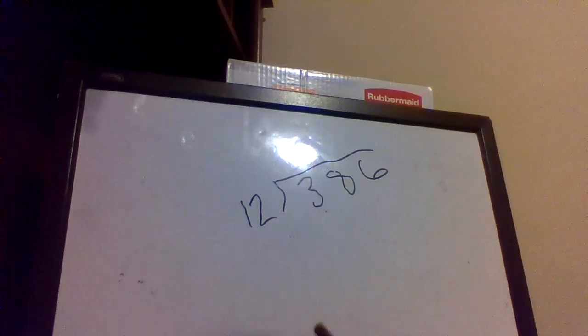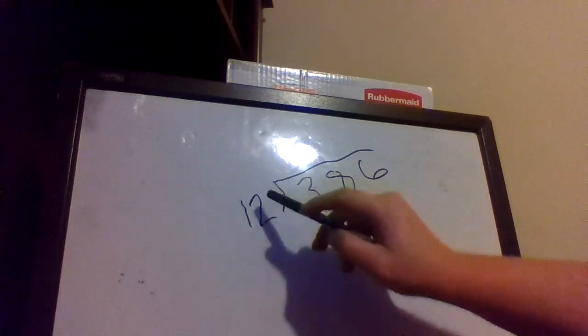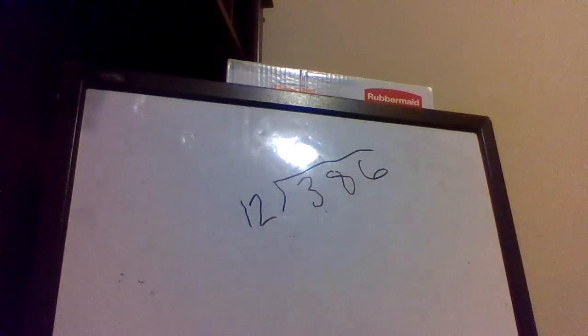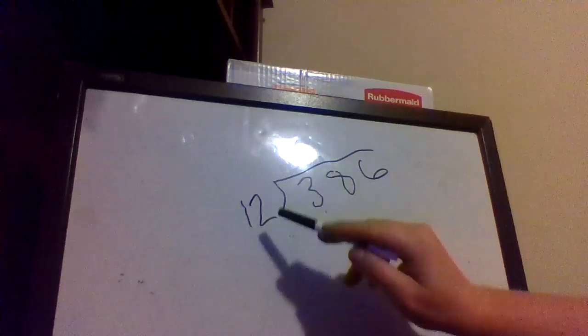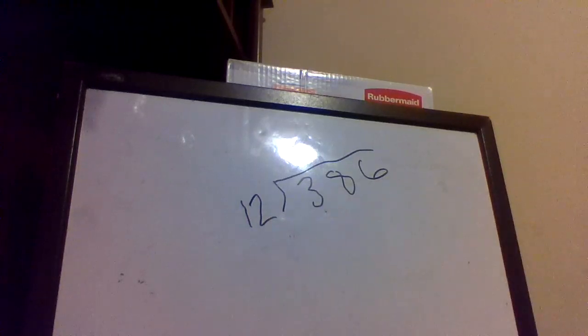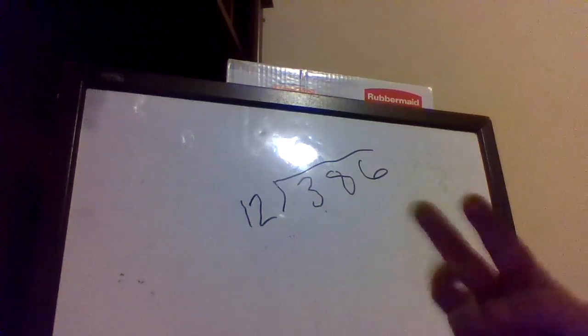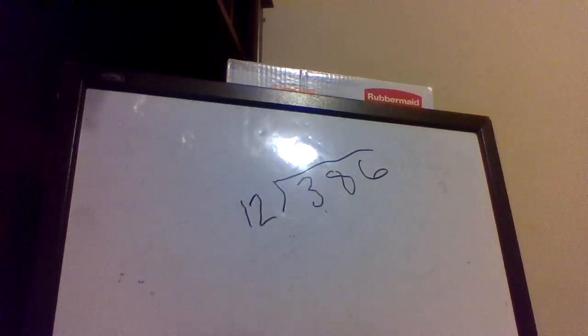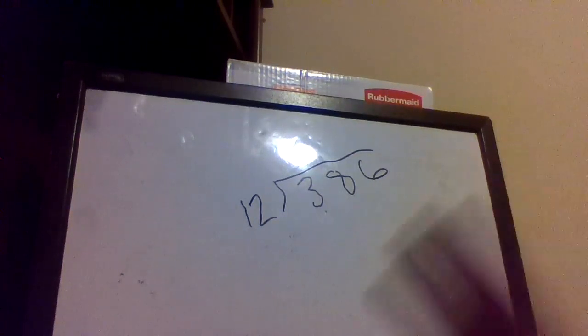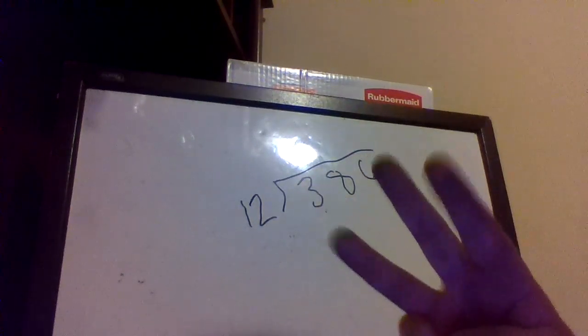All right. So our first thing, 12 into 38. So how many times is 12 going into 38? Well, 12 times 1 is 12. 12 times 2 is 24. 12 times 3 is 36. And 12 times 4 is 48. 48 is too much, so it can only go 3 times.